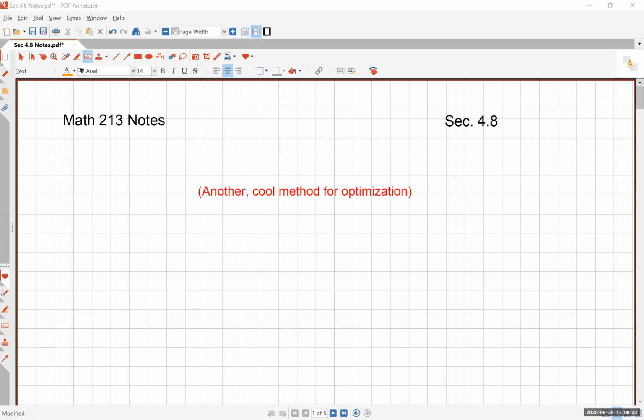All right, so lesson 8, section 4.8, as I just mentioned, is on Lagrange multipliers. Who in the world is Lagrange? He's got like 5 or 6 different first and middle names.